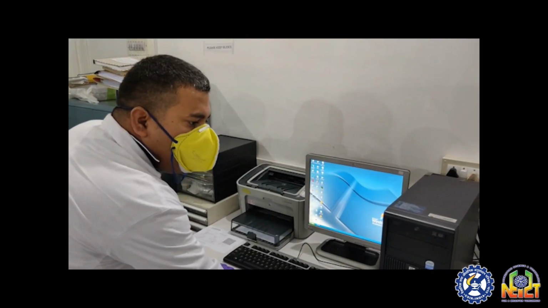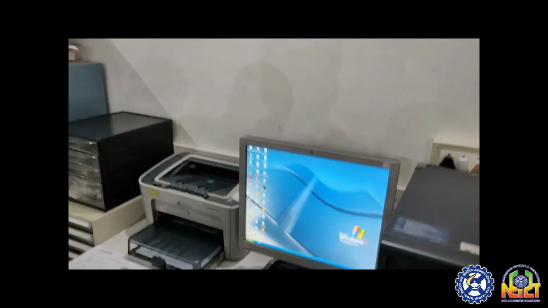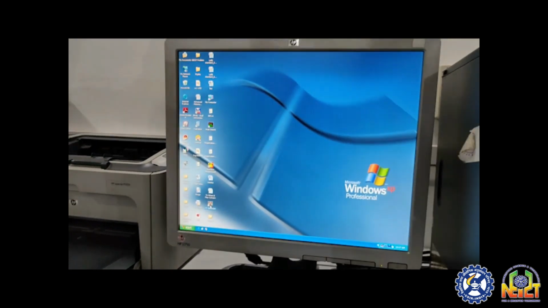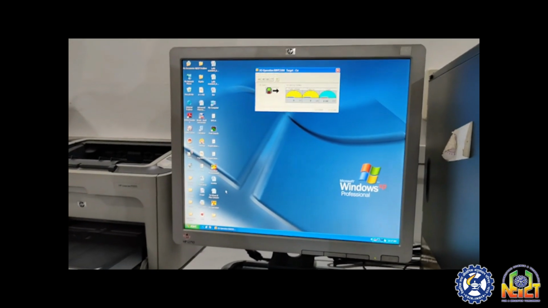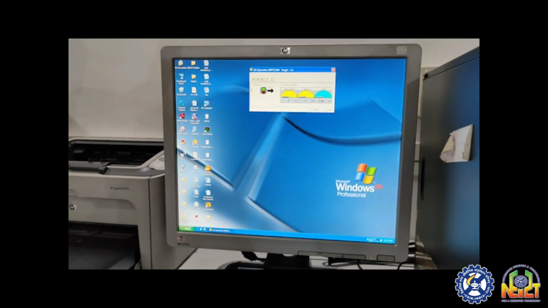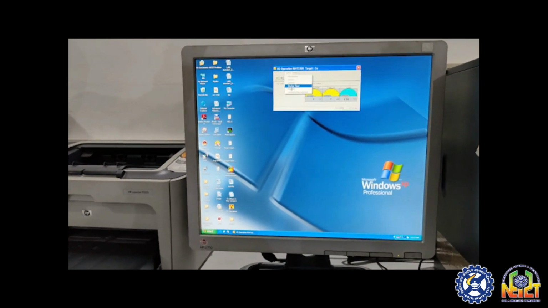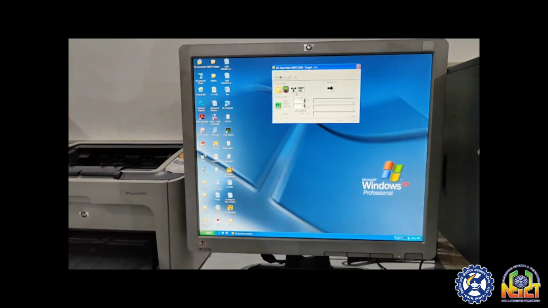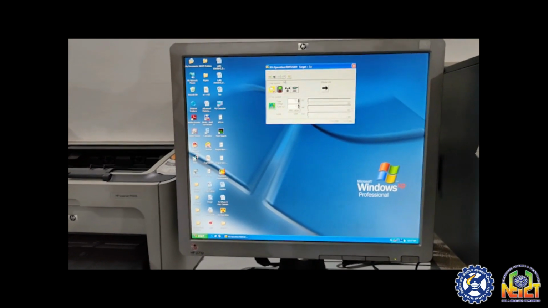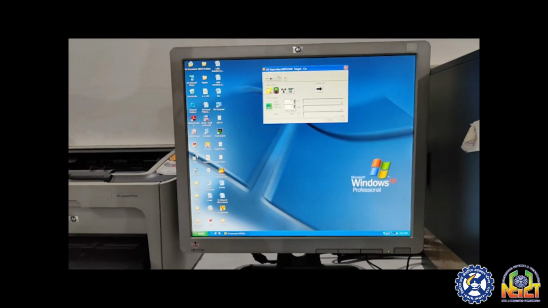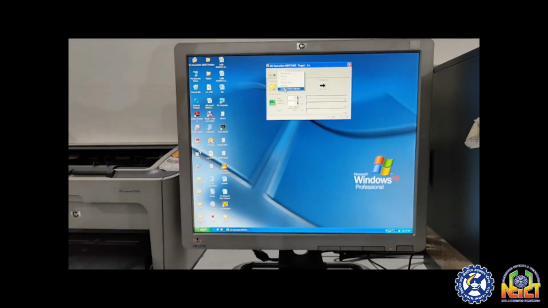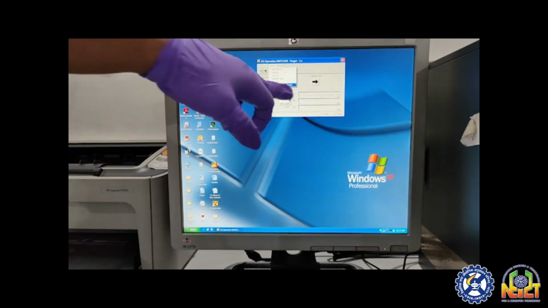Now I am going to open the software. This software is called XG Operation. So let's see. First of all, we have to check whether temperature and pressure are at the requisite level. For that we have to go to this cooling water indicator.